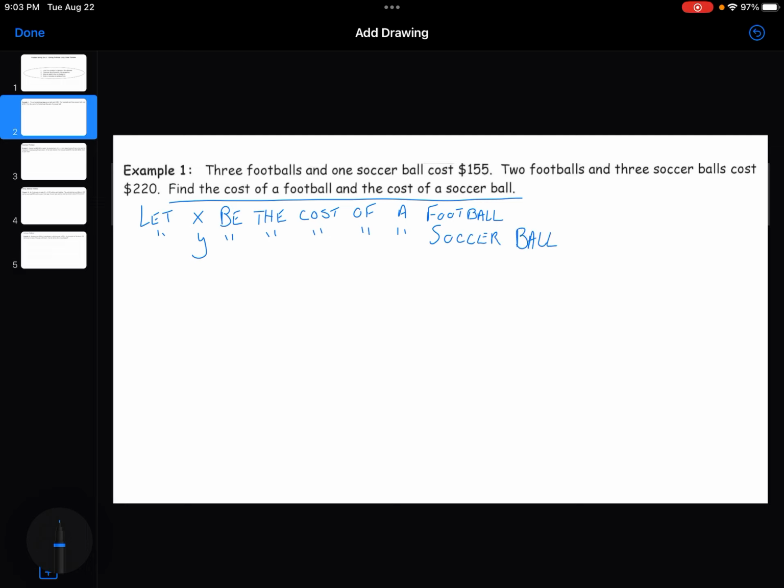Okay, so we've got a football and a soccer ball. We're looking at the 2 costs. So if we're getting 3 footballs in the first case, 3x plus 1 soccer ball, y equals 155. And then we have 2 footballs and 3 soccer balls. For me, this kind of lends itself to using a substitution equation. I'm going to use multiple different ways to do this.